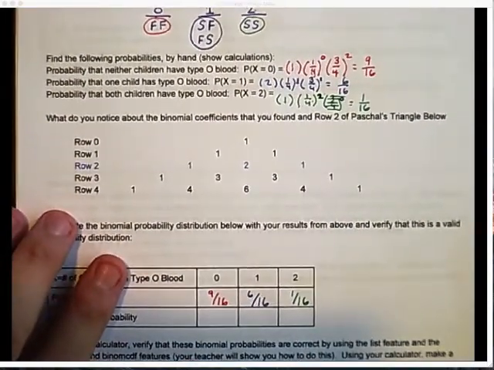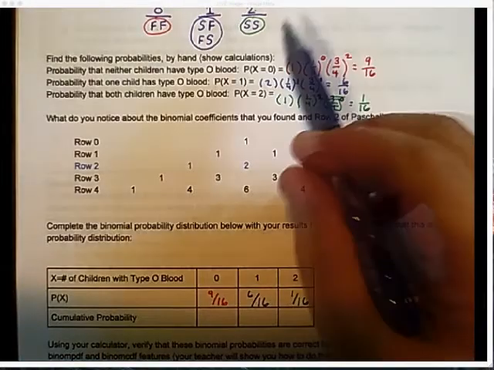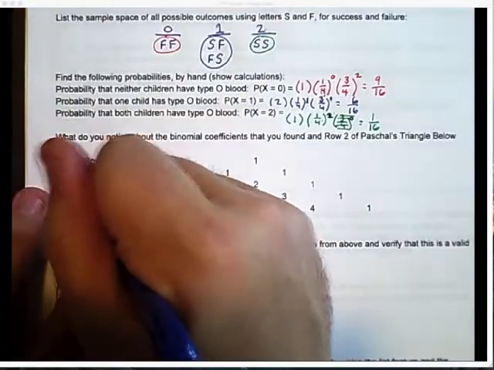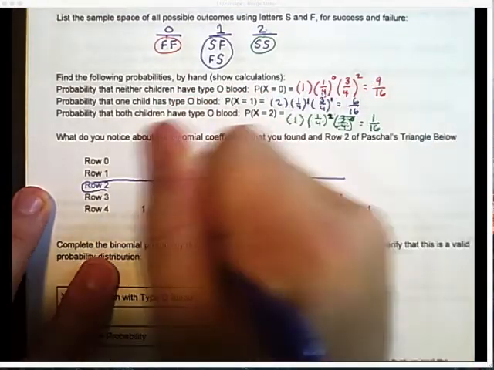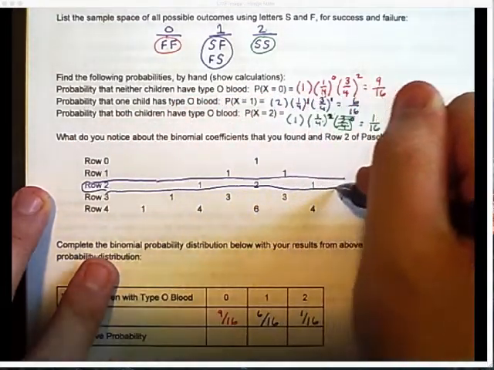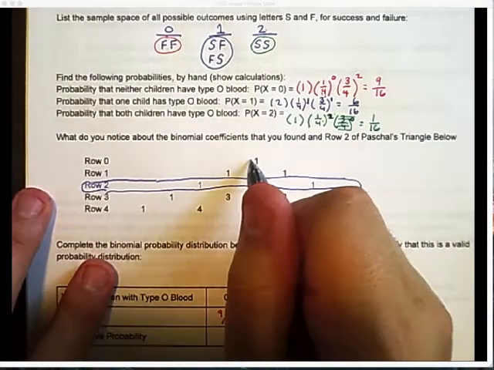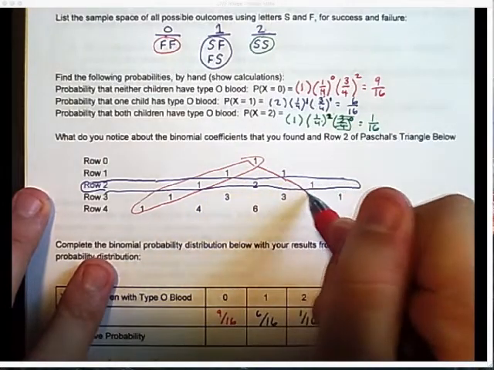If you're going to use Pascal's triangle, and we're talking about a fixed number of trials, which is 2, then we would use row 2 of Pascal's triangle. If you haven't seen Pascal's triangle before, the way we make it is we put 1s down the sides like this.